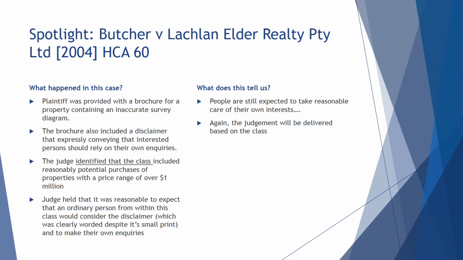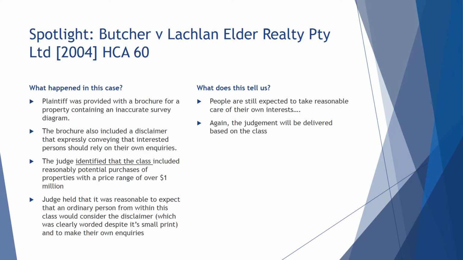Now, in this case, prospective purchasers were provided with a property brochure containing a survey diagram which actually happened to be inaccurate. Now, the brochure also included a disclaimer that pretty expressly conveyed that the real estate agent believed the information to be true, essentially, but that persons should rely on their own inquiries.